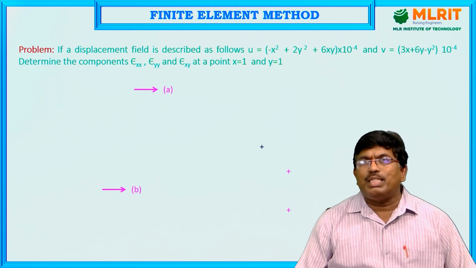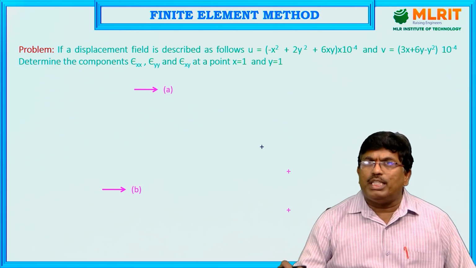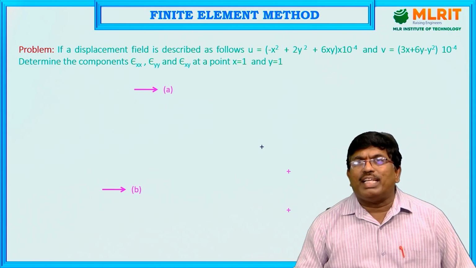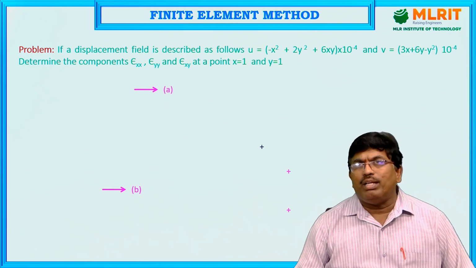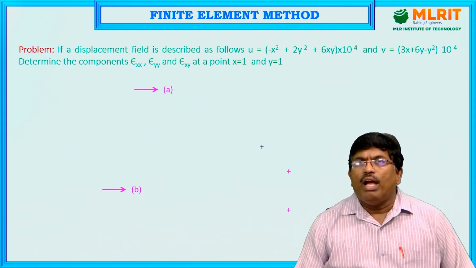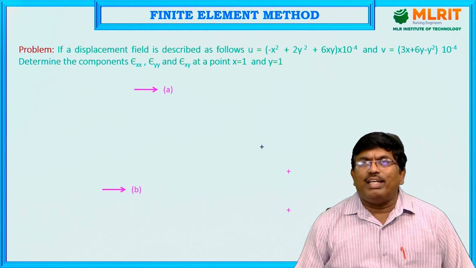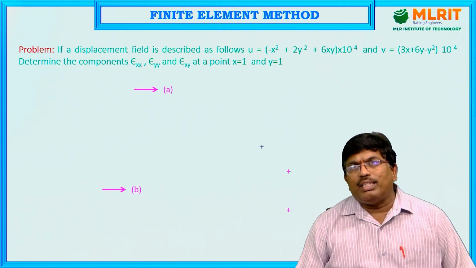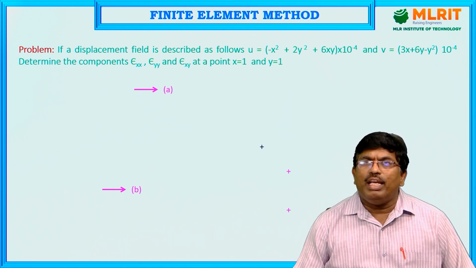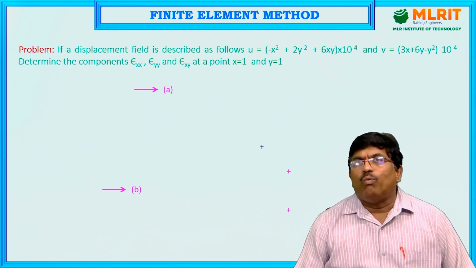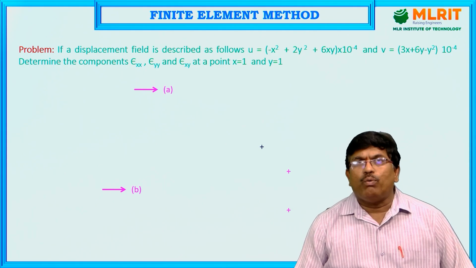We read this problem. They have given the displacement in x direction, that is u, and the displacement in y direction, that is v, and they are asking us to calculate all the strain components at x equal to 1 and y equal to 1. At that point we have to calculate.